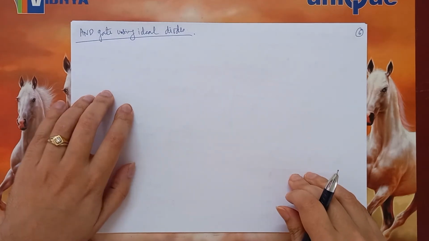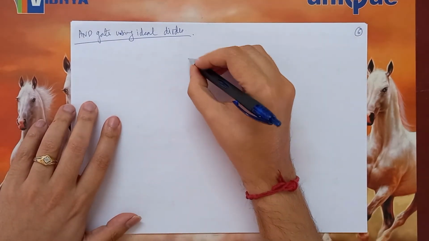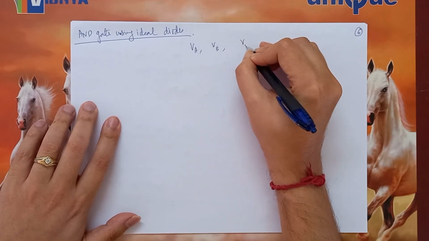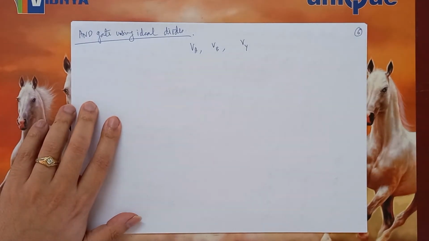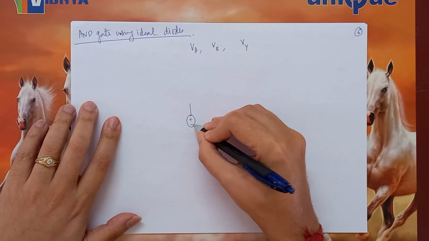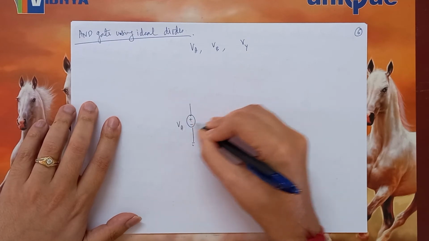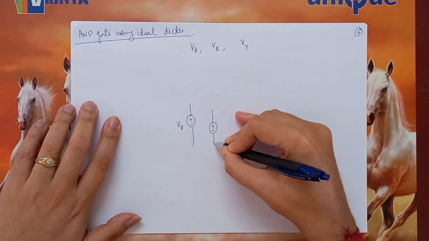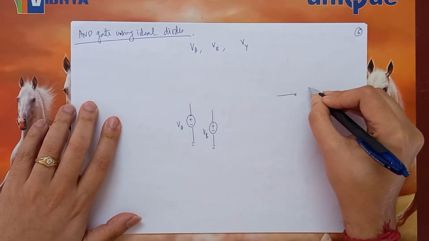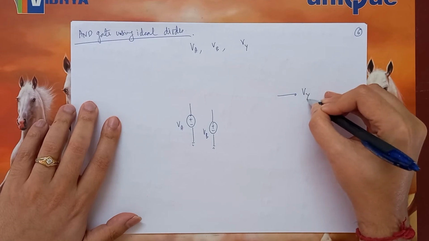That would be, again we have two voltages VA, VB and an output voltage VY. So therefore, again we will have two voltage sources VA, VB, and let us say somewhere we will see VY.